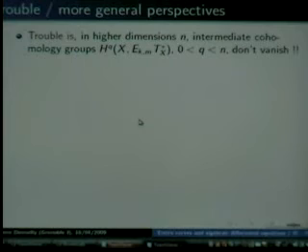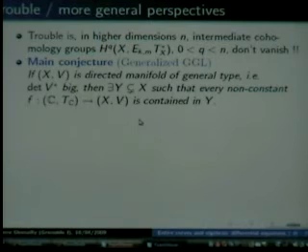The trouble in higher dimensions is that you don't know about the intermediate cohomology groups. It has been shown by Erwan Rousseau that they don't vanish. So it makes the situation quite hard. But the main conjecture still is that you have the generalized Green-Griffiths.